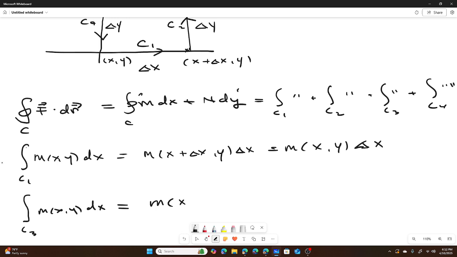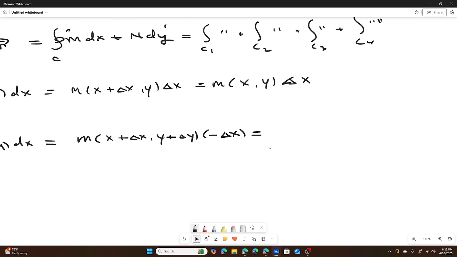It's going to be m of x plus delta x, y plus delta y, and then we're going to look at the opposite direction, delta x, as delta x approaches 0.